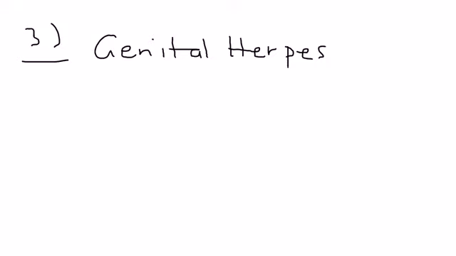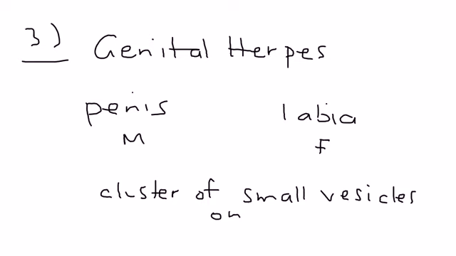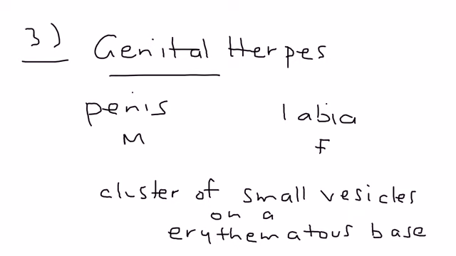And basically what you have, on either the penis in a man or the labia in a female, is a cluster of small vesicles on an erythematous base. So very similar to the previous description, but this time it's appearing in the genital area.